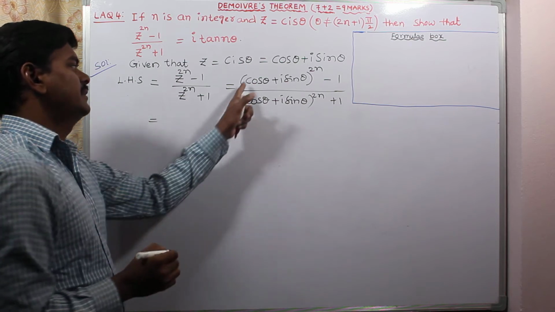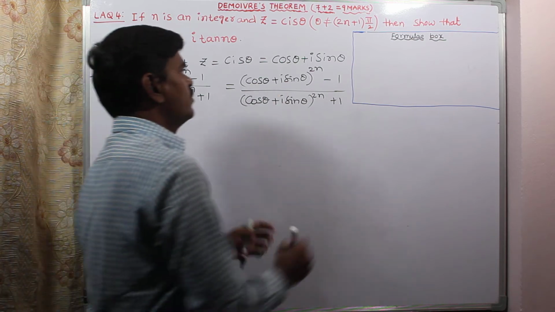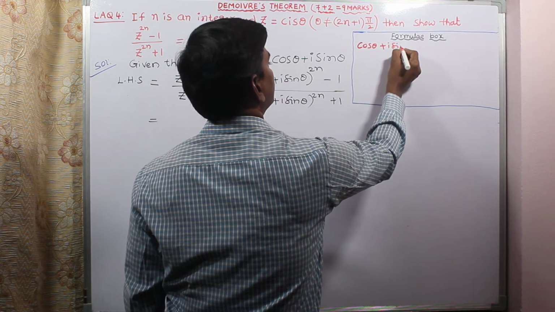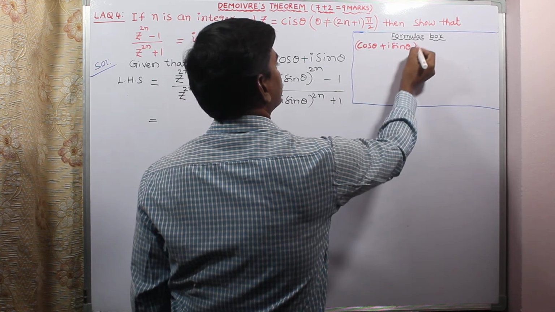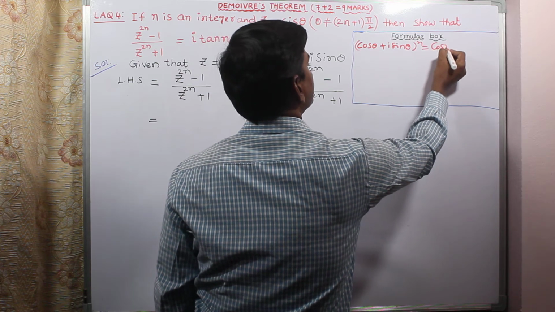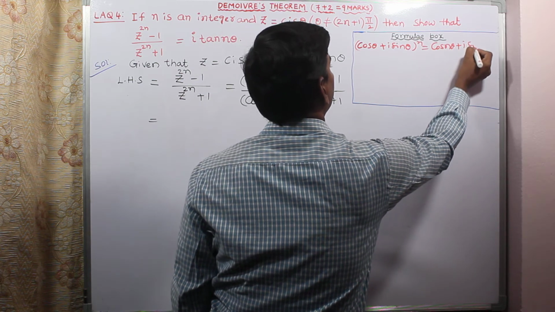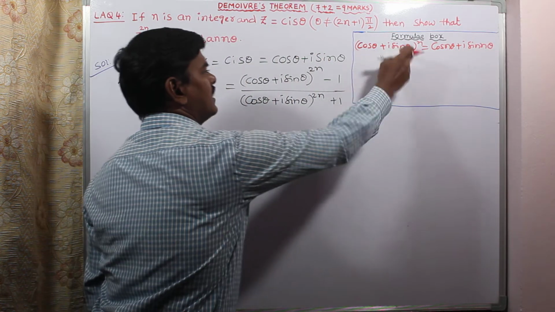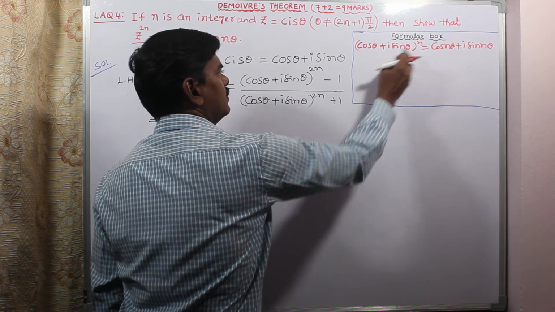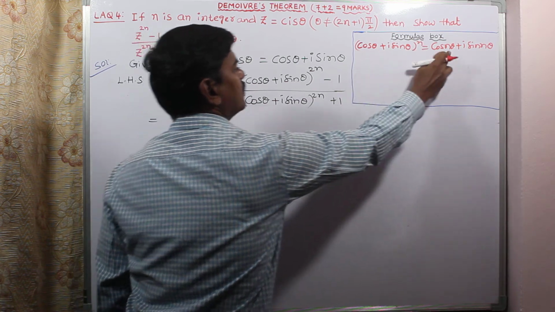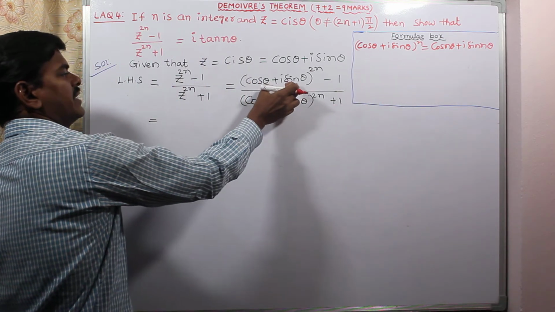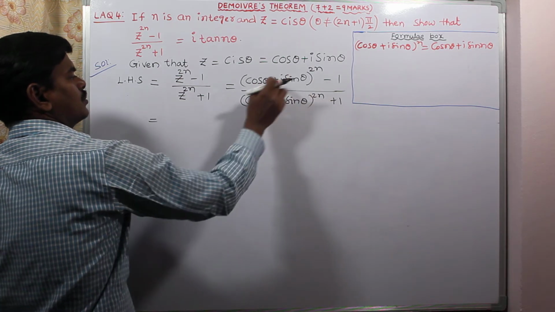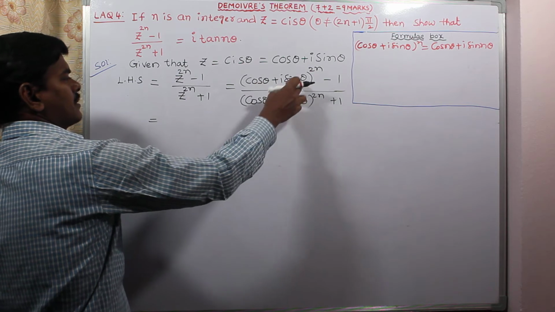Now we can apply De Moivre's theorem. If you recall De Moivre's theorem, (cos theta plus iota sin theta) whole power n equals cos n theta plus iota sin n theta. According to De Moivre's theorem, the power is just multiplied to the angle. So here we multiply by 2n, both in the numerator and the denominator.